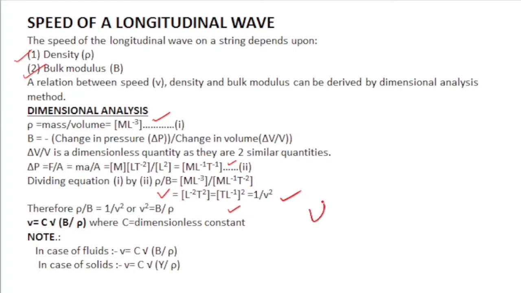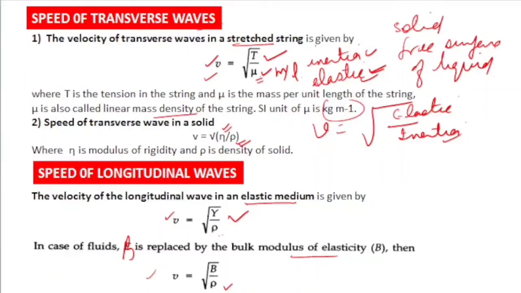So the velocity of a longitudinal wave is given by under root bulk modulus by density of the medium. In the case of fluids, this is B by rho. In the case of solids, the bulk modulus is replaced by Young's modulus, which is Y by rho. In this way, you can define the speed of longitudinal and transverse waves with the help of dimensional analysis, or you can just remember the formula for velocity in these two cases, transverse wave velocity and longitudinal wave velocity. You can derive it also, right?